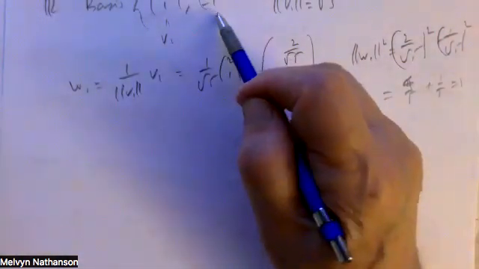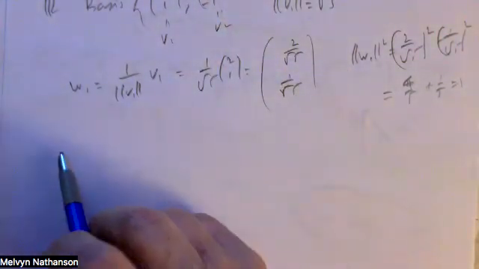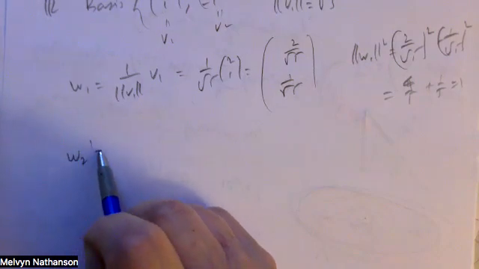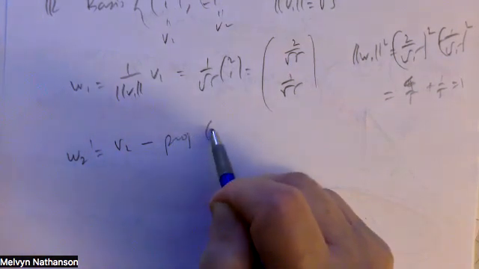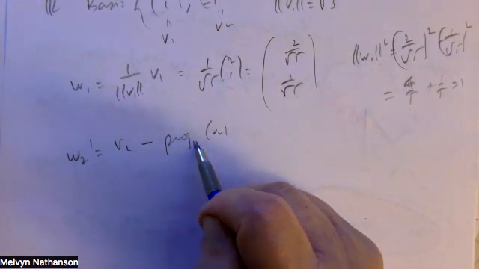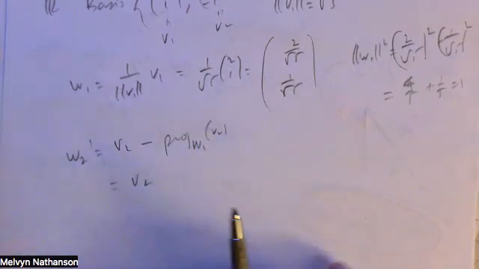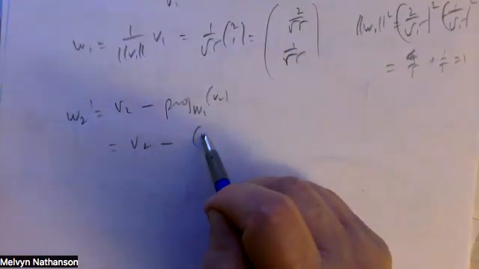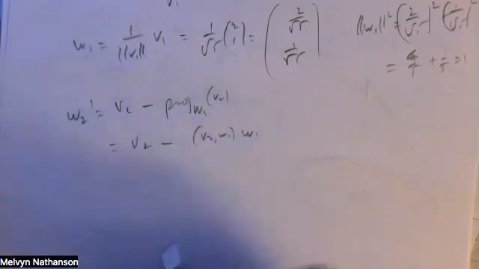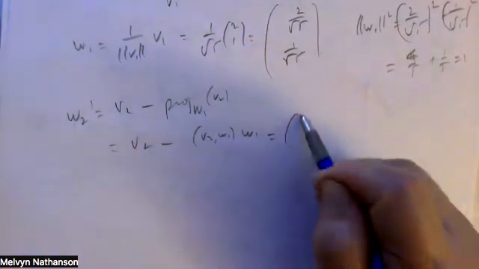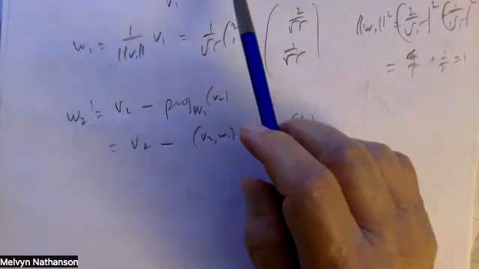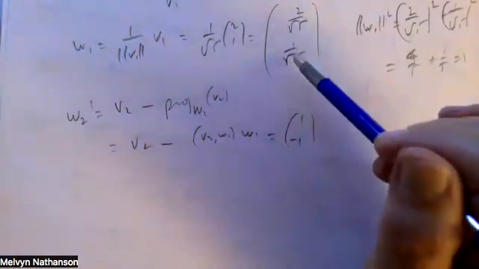Now my second vector, v2, is (1, -1). So I let w2 prime be v2 minus the projection of v2 in the direction of w1. That's equal to v2 minus the inner product of v2 and w1 times w1. Let's see, what is this? v2 is the vector (1, -1). The inner product of v2 and w1 is 2 over root 5 minus 1 over root 5.